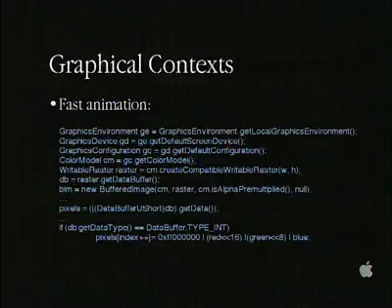And this is a piece of code that shows you how to do this. Notice there, we don't hard-code anything, especially the type of the context. We just ask the system questions. Give me your graphics environment. Give me your device. Give me the configuration. And give me the default color model. We ask all those questions, and then we create a buffered image to represent our context.